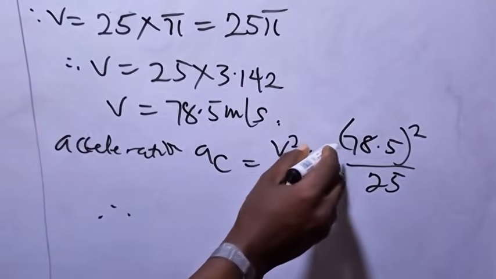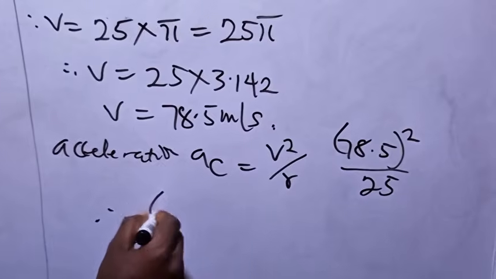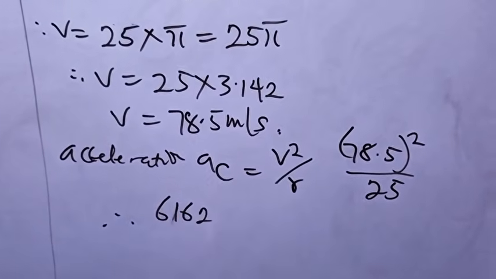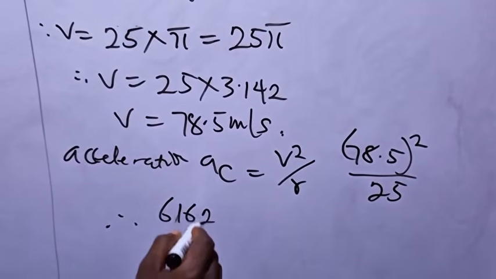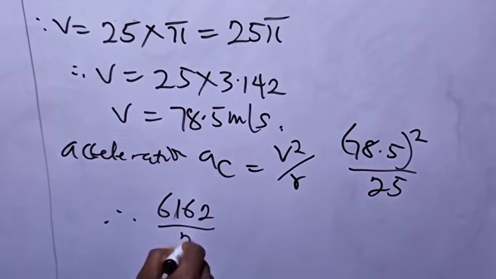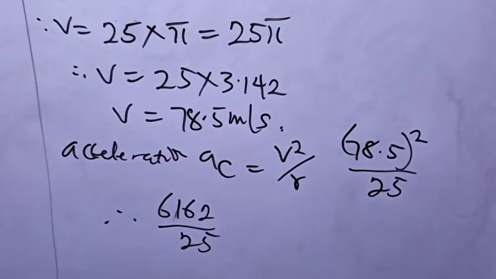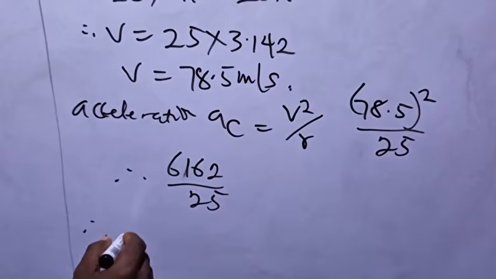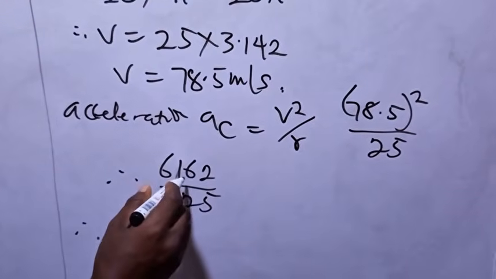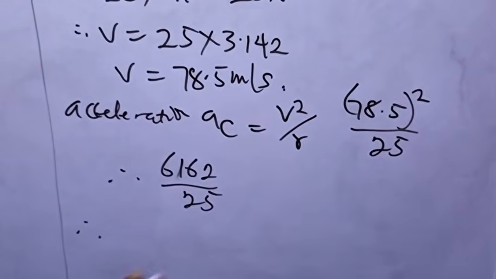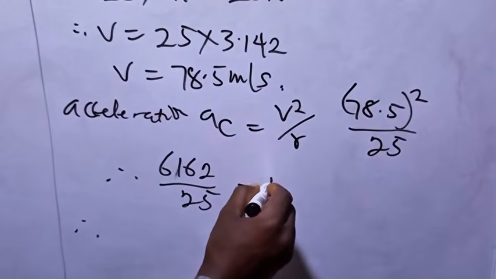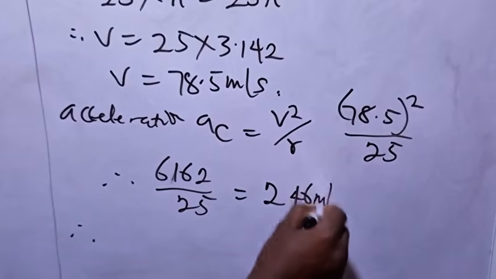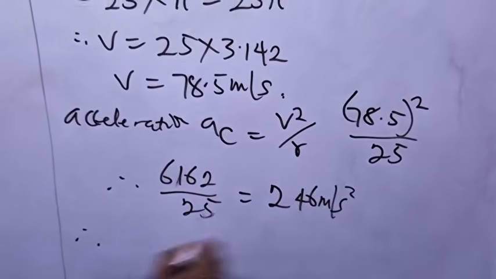Therefore 78.5 squared will be 6162 over 25. Therefore the centrifugal acceleration, 6162 divided by 25, will give you 246 meters per second squared.